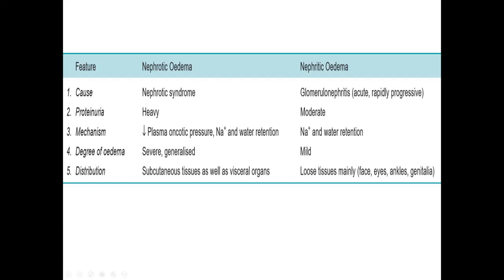Cause: nephrotic syndrome in nephrotic edema, glomerulonephritis, either acute or rapidly progressive, in nephritic edema; proteinuria heavy, proteinuria moderate; mechanism: decreased plasma oncotic pressure, sodium and water retention in nephrotic edema, whereas sodium and water retention is there in case of nephritic edema. Degree of edema: severe and generalized, whereas in nephritic edema it is mild.